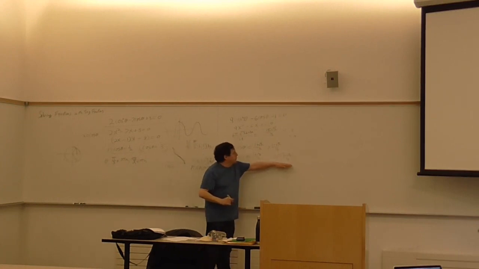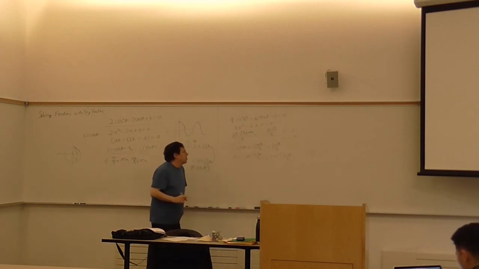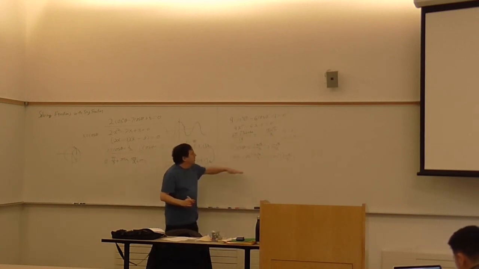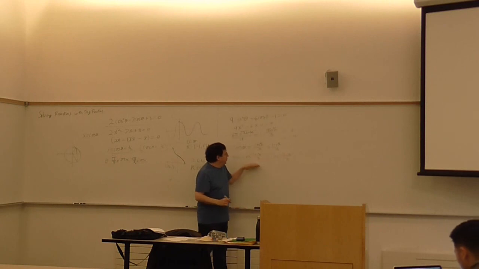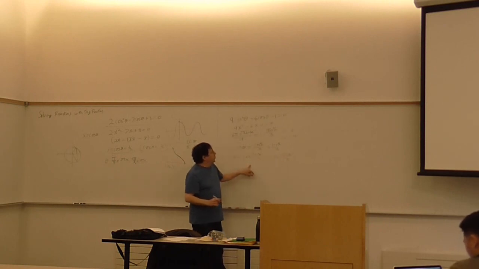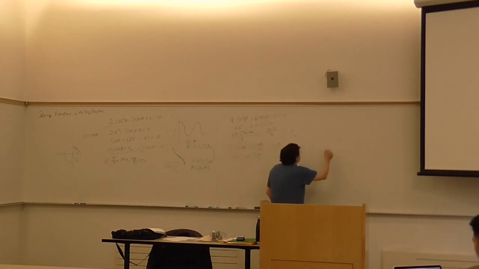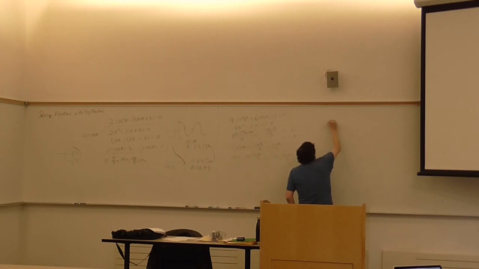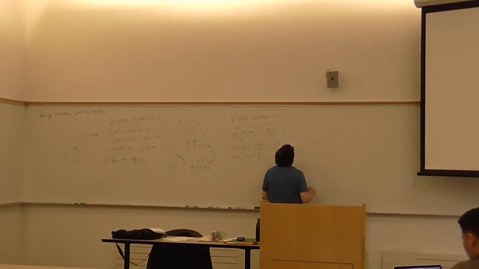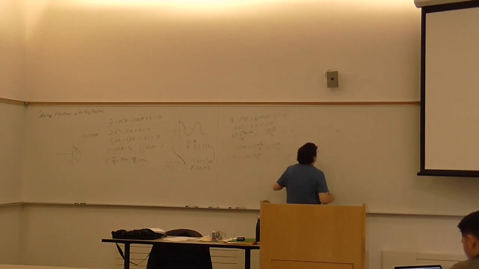Well, now we have to look at the fact that each of these will have 2 values on the unit circle, right? So if we have 0.8, where will 0.8 be?